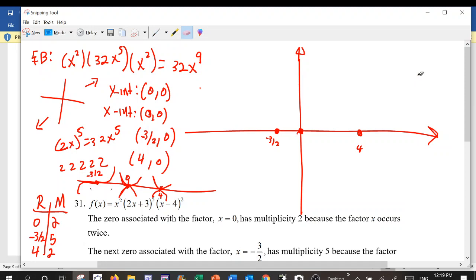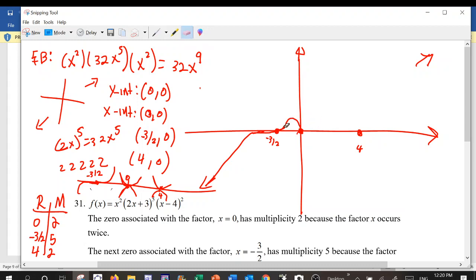And the end behavior looks like this, right? So what's going on at negative 3/2? It's going to come over here, really flatten, get close, and then cross, and then come out, right? And then it has to come back and cross here. At 0, does it cross? Let's see. No, it bounces back up.